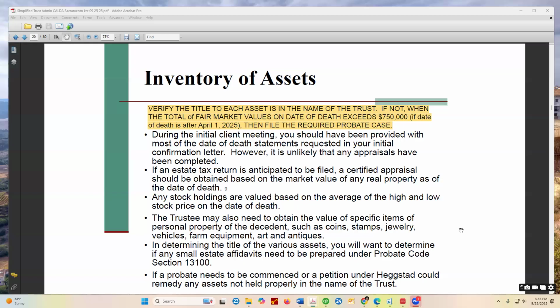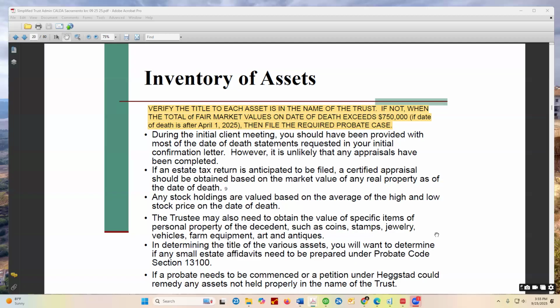But if the bank account was less than $184,500, then you can notify the bank that you're the administrator of the trust or the estate, and that you have a right to have that asset turned over to you. And if you have to get legal fees involved, and the bank doesn't comply with the request, the bank would be liable for the attorney's fees to obtain title for the estate.